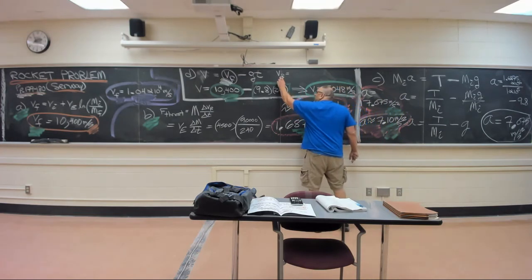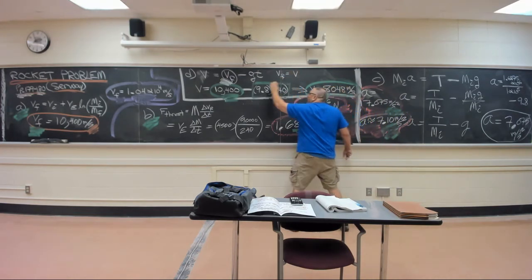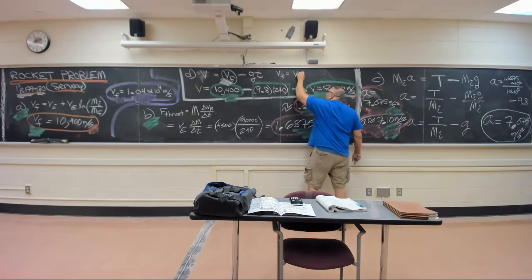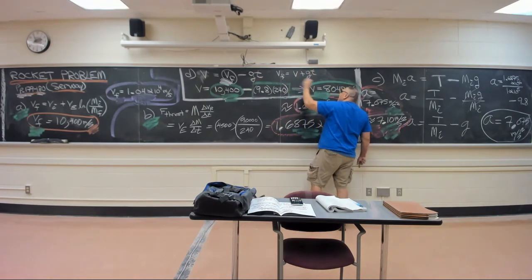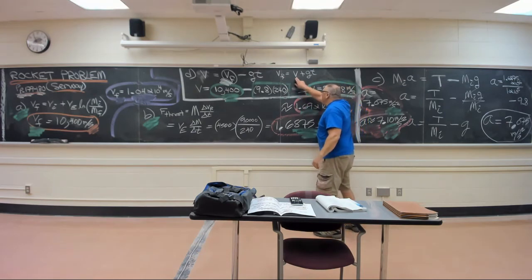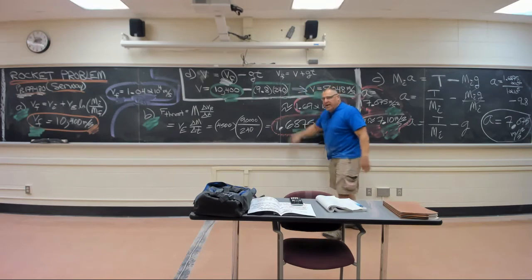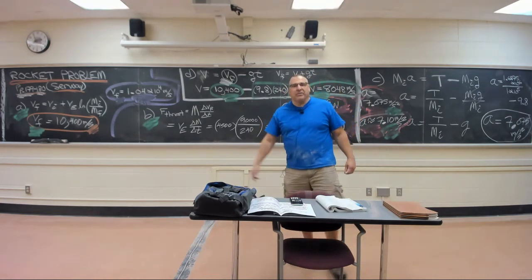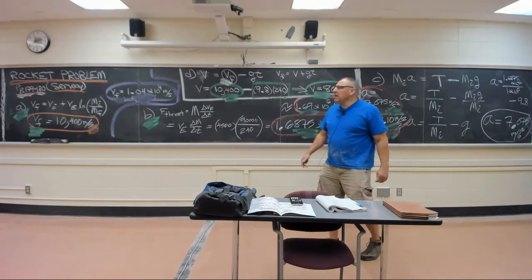What's the VF going to be at the bottom if it's only going V amount at the top? Why don't you add a positive GT on each side? If it's falling down, this guy adds the speed to it. If you're only going 8,048 meters, you're only going 8 kilometers per second, guys. What are you doing? You know, it's nothing. It's only like 5 miles per second. What's the big deal, right?